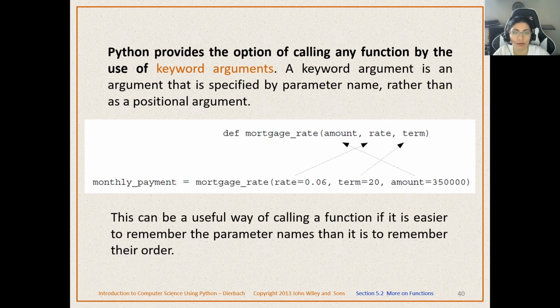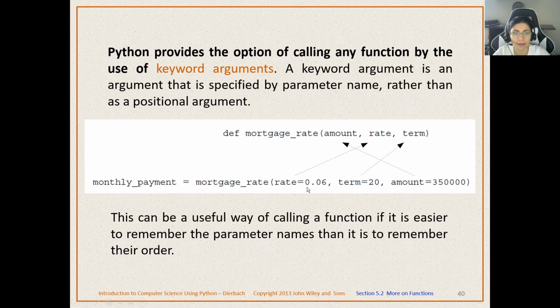Let's say you wrote a program a year ago and you want to call that function, and you don't remember the positions of different parameters, but you know exactly what you call them. So you can use keyword arguments to assign values to them.